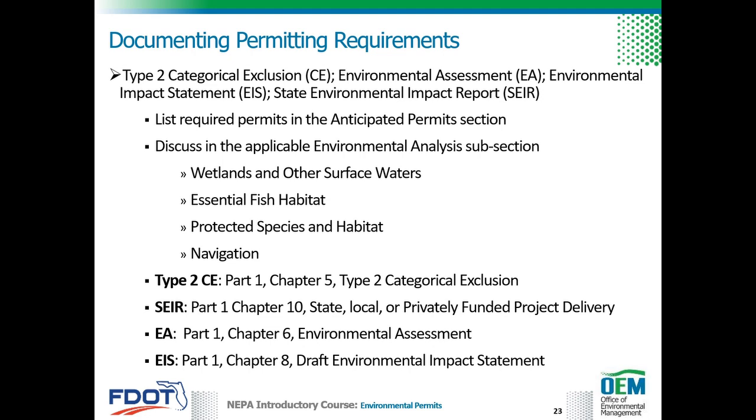This may include wetlands and other surface waters, essential fish habitat, protected species and habitat, and/or the navigation subsections. Further guidance on documenting this information is provided for each environmental document in Part 1 of the PD&E Manual.